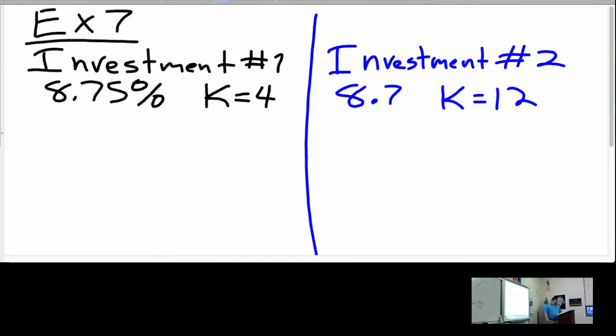So really what we need to do is calculate the annual yield percentage, right? This is just like the other problem that we did before. We're going to call this one R sub 1, and we'll calculate that one first.